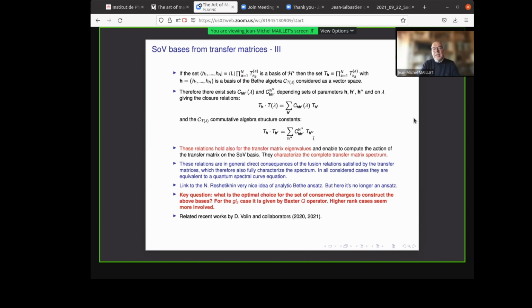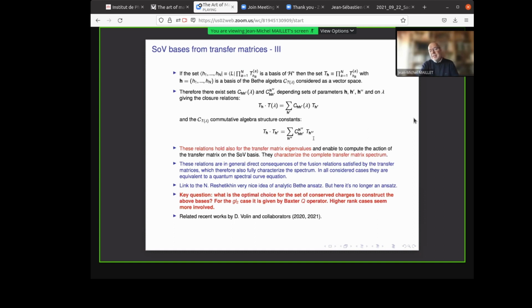And so these relations, first of all, enable the computation of the action of T(λ) on such a basis. That's the first point. Second point, such relations hold for operators, so they hold also for their common eigenvectors, and in particular, if you apply them on eigenvectors, they hold for eigenvalues.